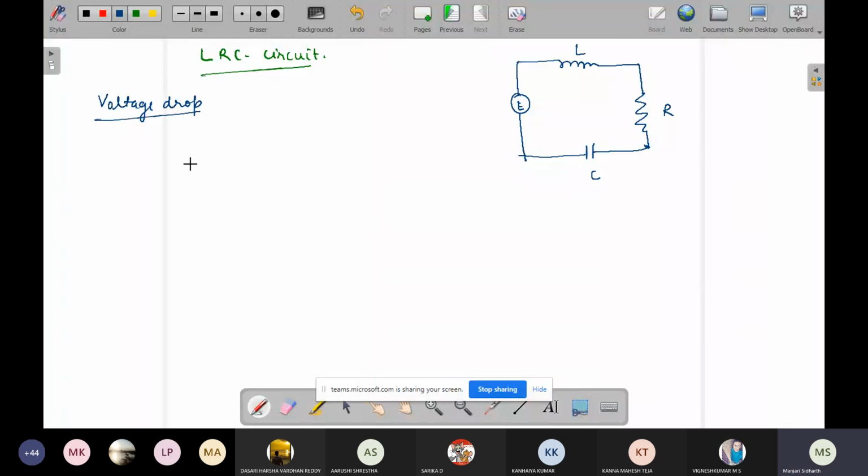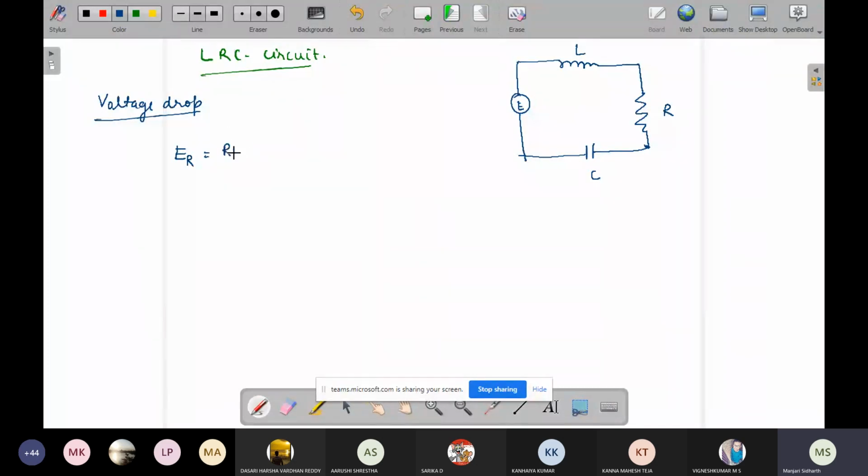First, the voltage drop across resistor, let us denote it ER, is always proportional to the current.